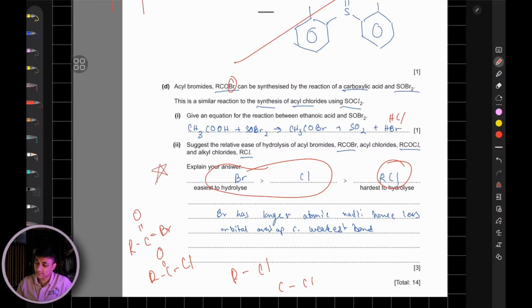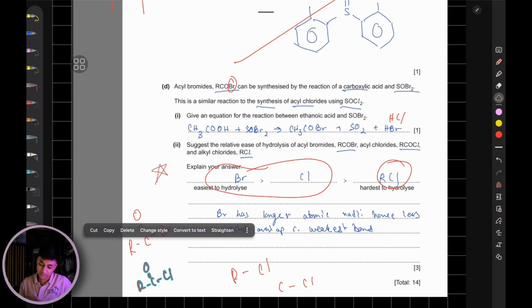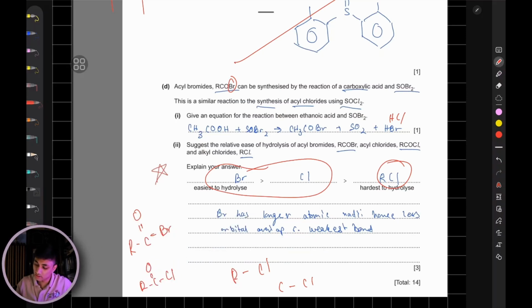What's happening over here is, in case of bromine, it has a larger radius. In the periodic table, you'll notice in the halogen group, bromine is placed under chlorine. Now, bromine will have a larger radius compared to chlorine. Its charge distribution is greater, less charge density.